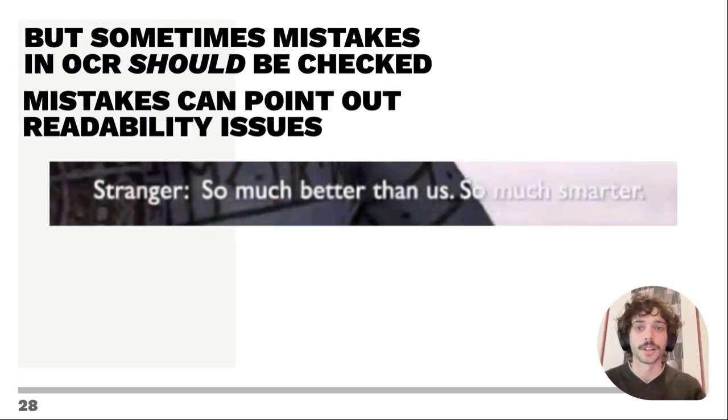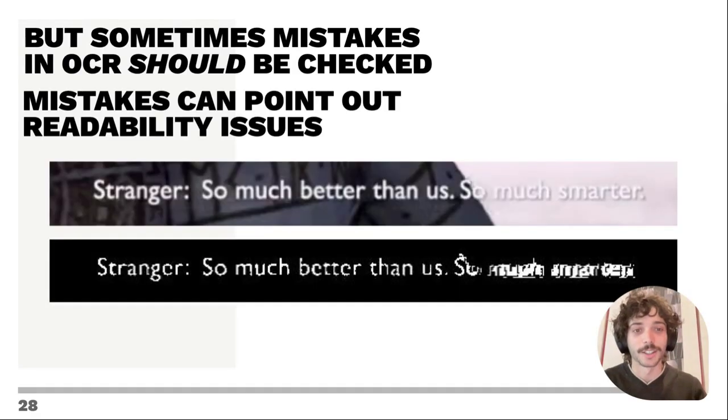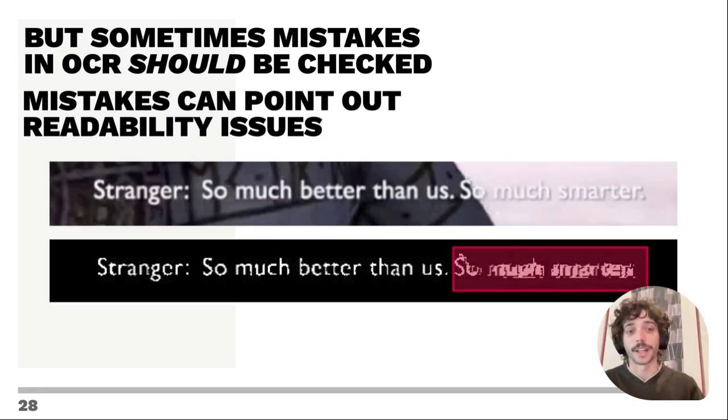So for example, here, when we have another frame from the cutscene in God of War, "Stranger's so much better than us," and I'll squint to read the last part, "so much smarter." Even after our pipeline, OCR is unable to make out the last parts. We argue that some of these things should be checked.